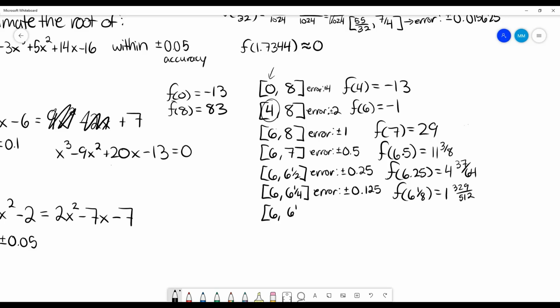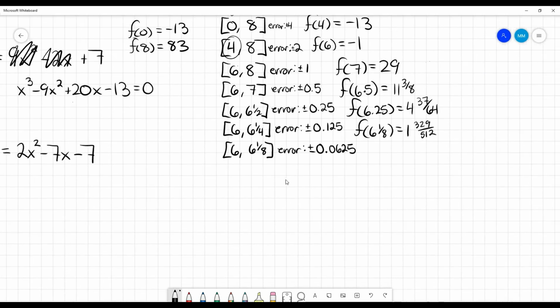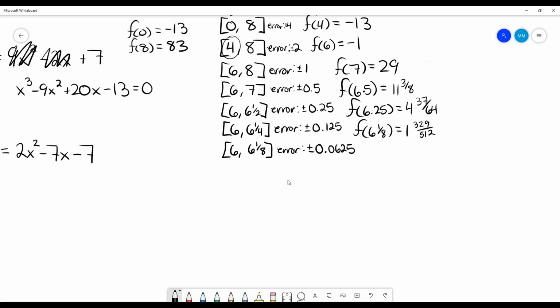So now we have this interval with a maximum error of 1/16, and that is less than the tolerance, so it's within this tolerance here, which means that our answer for this problem is just going to be whatever is smack dab in between there. So that's going to be 6 1/16.